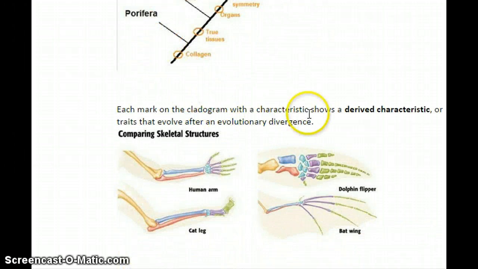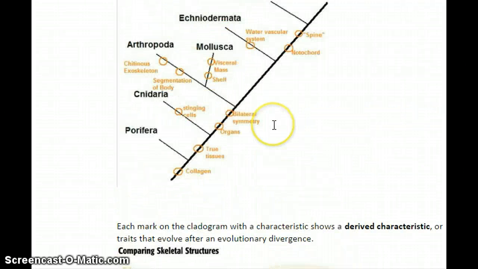So again, each mark on the cladogram has a characteristic. It's called a derived characteristic, or basically traits that evolved after an evolutionary divergence. So what that means is that, for example, cnidarians, that includes jellyfish, and sponges are both rather simple categories of organisms, but as evolution progressed, they might have diverged from each other when one of them evolved true tissues.